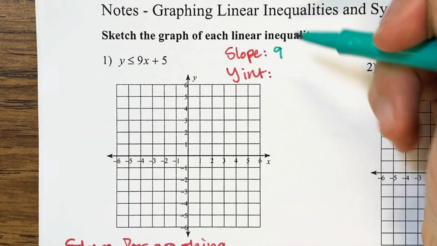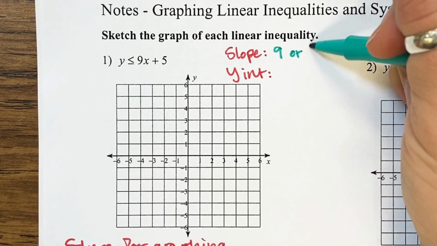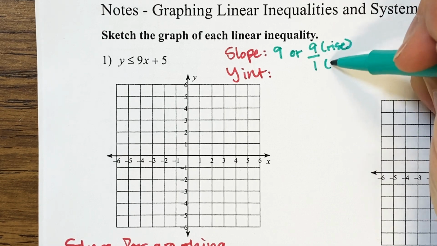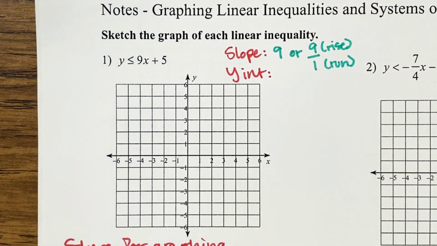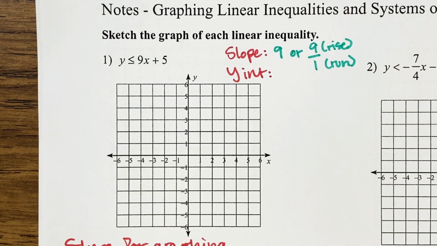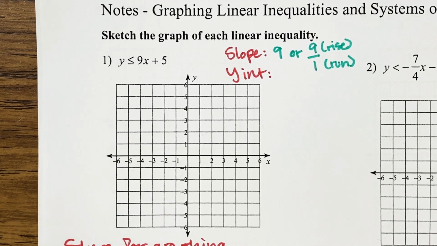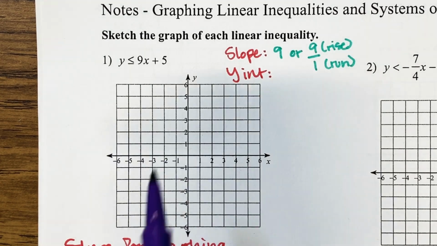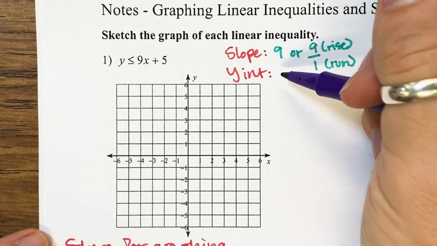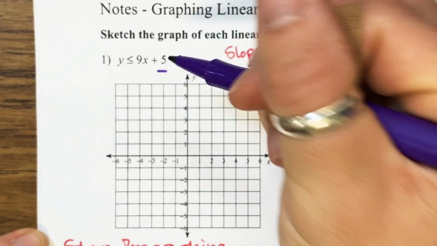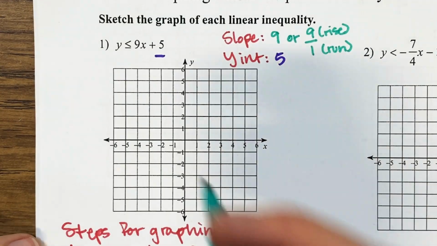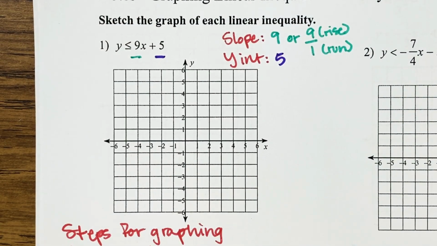We have 9, or we can rewrite this as 9 over 1 to help with our rise over run when counting our slope, right? So we can always turn it into a fraction. Okay, so now what is our y-intercept? What is the number that doesn't have an x attached to it? That is positive 5. Okay, so we have positive 5 for our y-intercept. Our 9 for our slope.